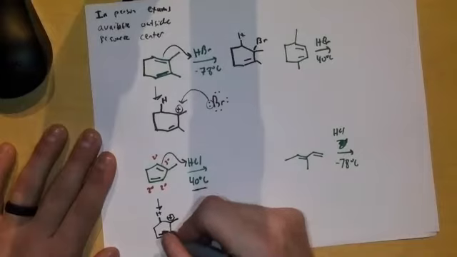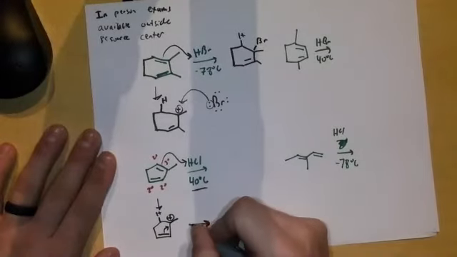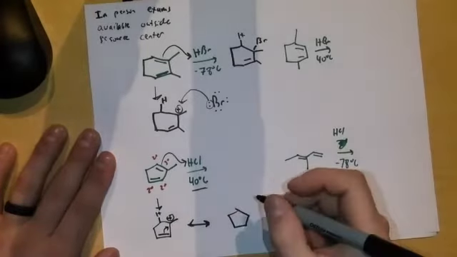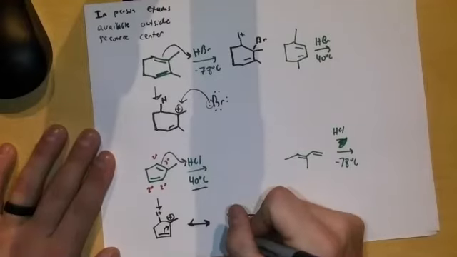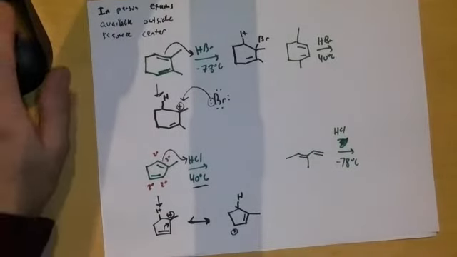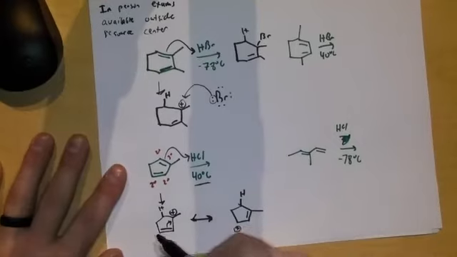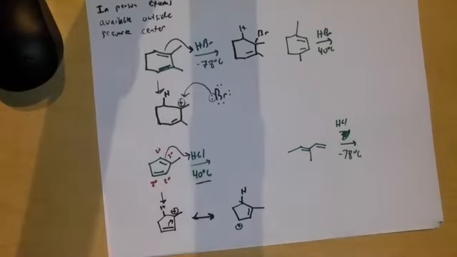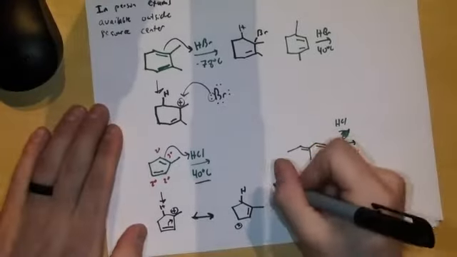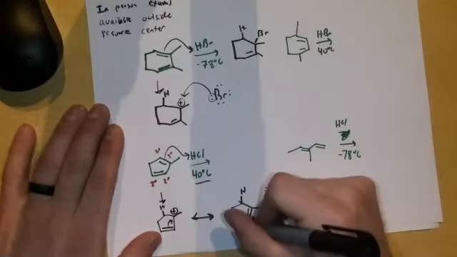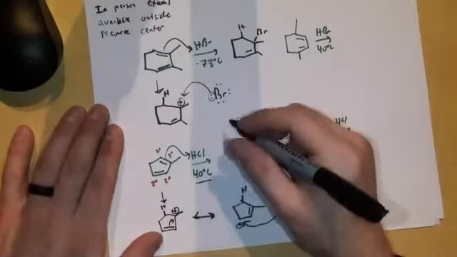Our other resonance structure is where these move over. We are going to get a different 5-membered ring. Comparing these two rings, this is a double bond with 2 substituents on it. This is a double bond with 3 substituents on it. This is going to be a more stable double bond. So Cl can come in, attack at this position, and we'll get a 1-4 product.